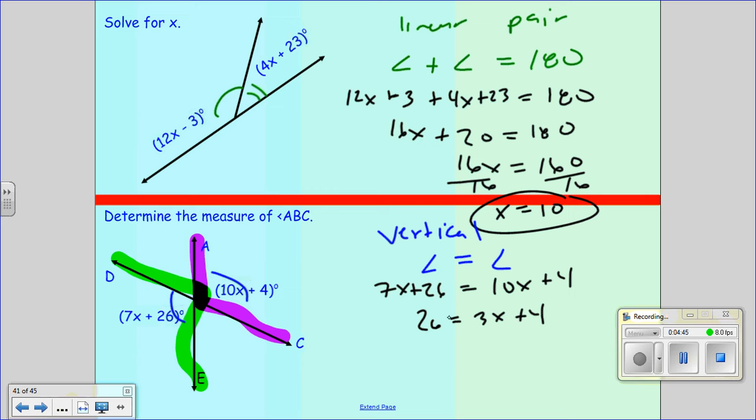Then I would subtract 4 from each side, which would give me 22 is equal to 3x. And then divide both sides by 3. x is equal to 22 thirds. Let's leave it as such for now.